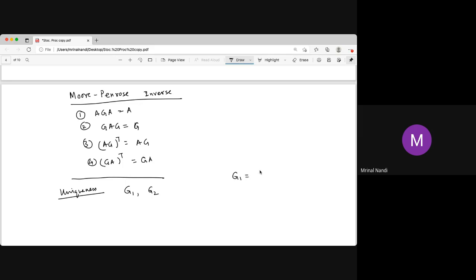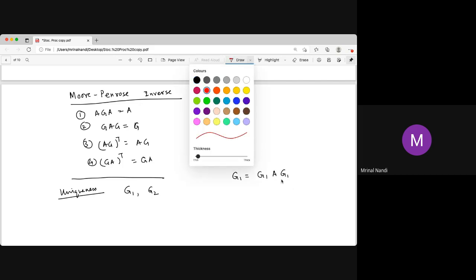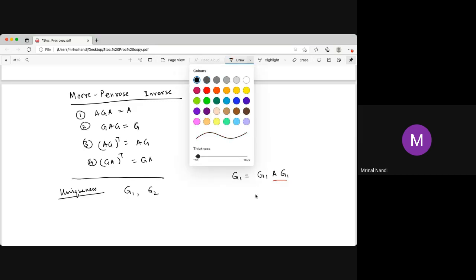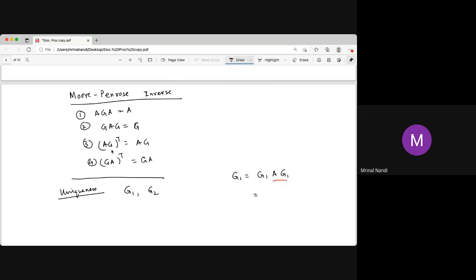What is G1? G1 is G1AG1, since it is reflexive. Now we club this part, AG1. What is AG1? AG1 is AG1 transpose, which is G1 transpose A transpose.